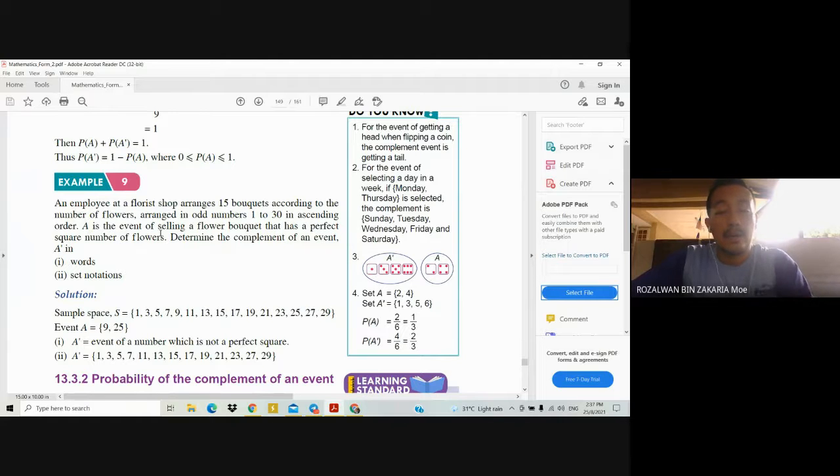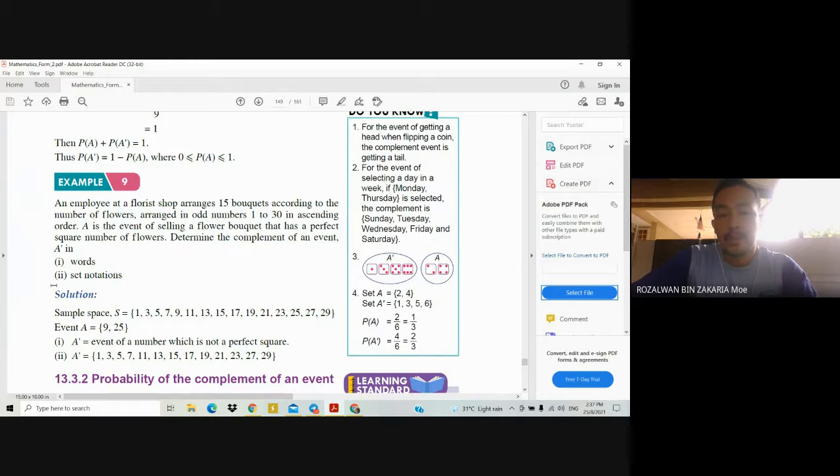A is the event of selling a flower bouquet that has a perfect square number of flowers. Determine the complement of event A prime in, one, words, and two, set notation.